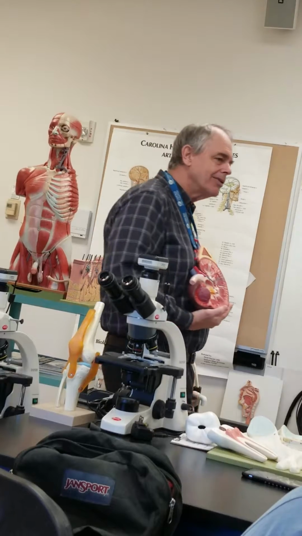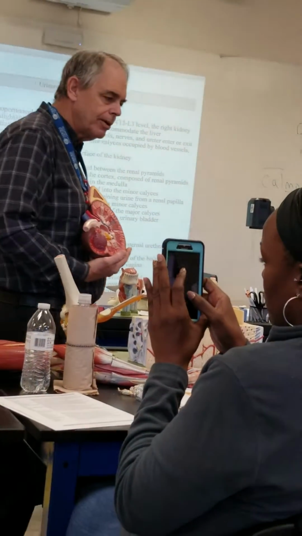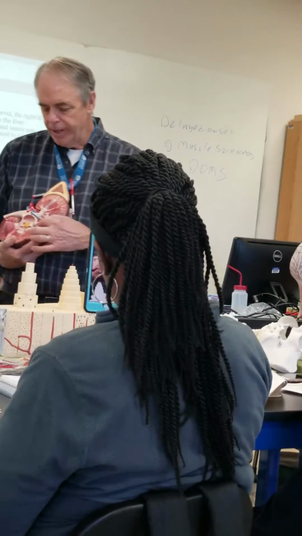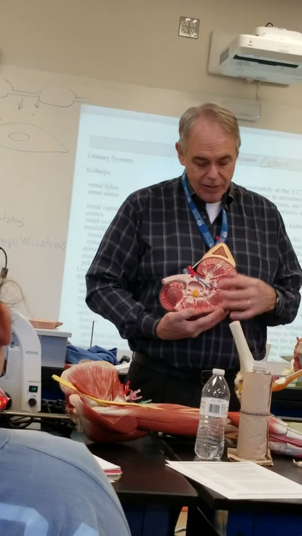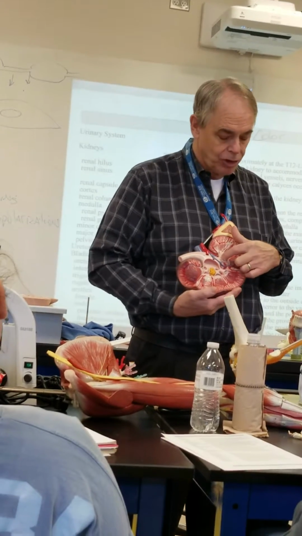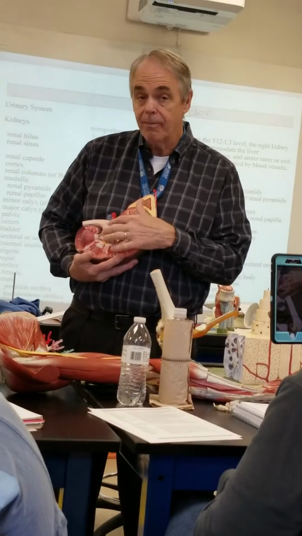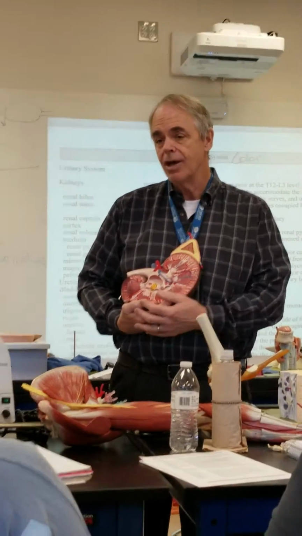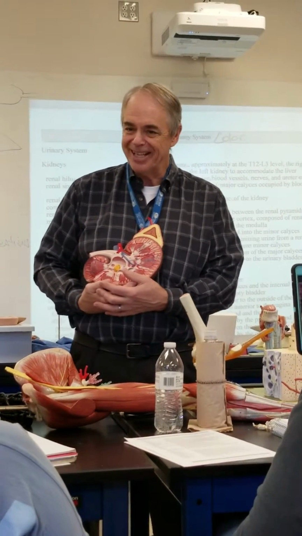So dripping out of the snow-capped pyramid is the actual urine. The urine drips into a minor calyx. They combine to make a major calyx, and the major calyxes form the renal pelvis, which is in the renal sinus, which is in continuum with the hilus.